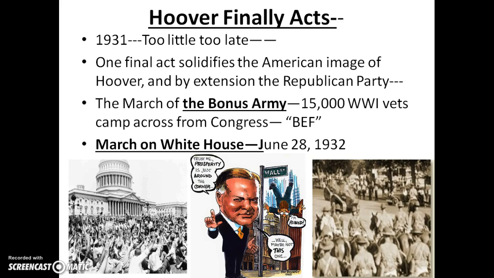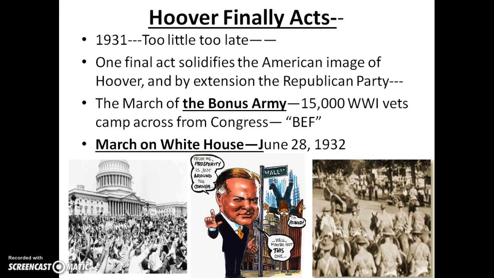And finally, one final event actually solidifies the American image of Hoover and by extension the Republican Party, and this deals with a group of World War I veterans who had received a bonus when they left the military in 1918 or 1919. And Congress, in its wisdom, had said, we'll give you half of this bonus for having served in the military at this point, and we'll give you the other half in 40 years or somewhere along that line.